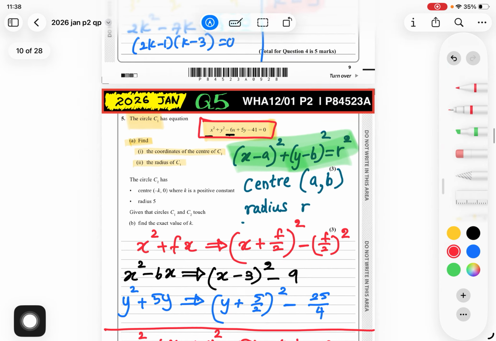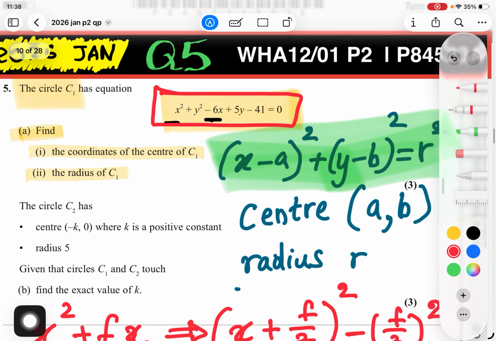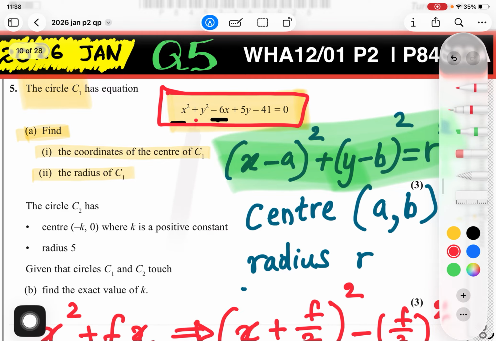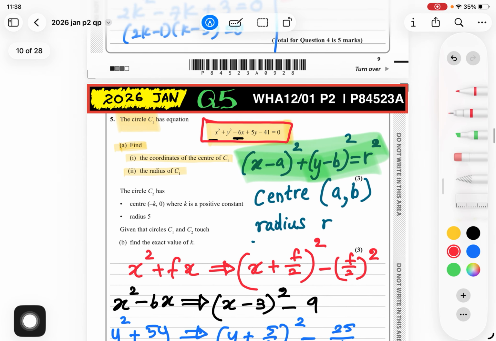This is quite important to know: when the equation is given, how to get the center and the radius. Good. Let me quickly clear this working.